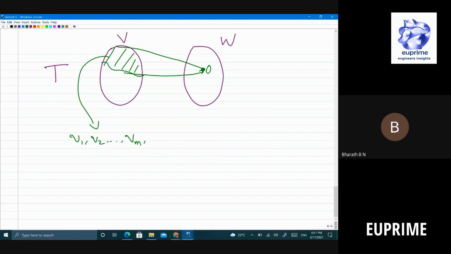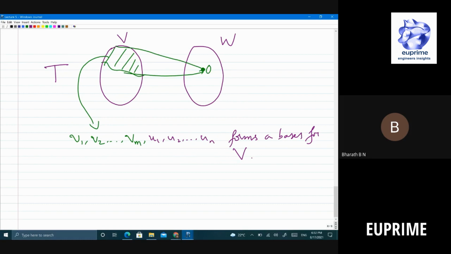I can make this a basis for the entire space. I'll add a bunch of other vectors, u1, u2, etc., un, such that this is a basis for V. This is clear, right?